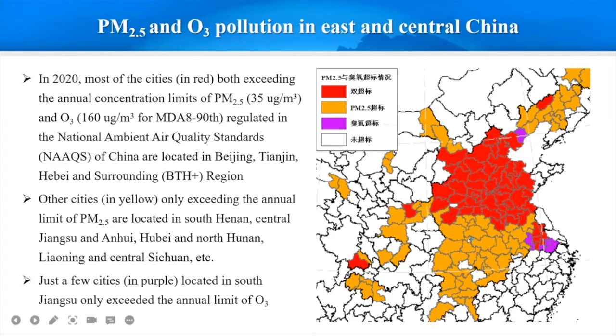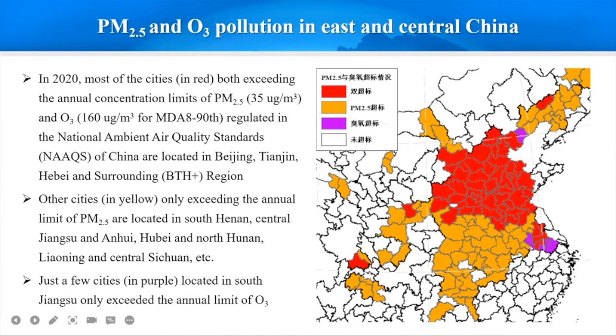Other cities in yellow color only exceed the annual limit of PM2.5. These cities are located in the south of Henan province, central Jiangsu province, Anhui province, and also Hebei here, and north Hunan province and Liaoning province.